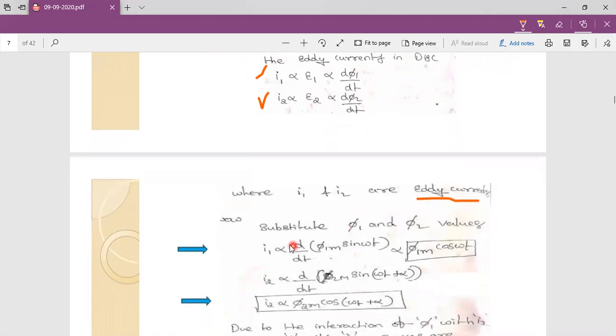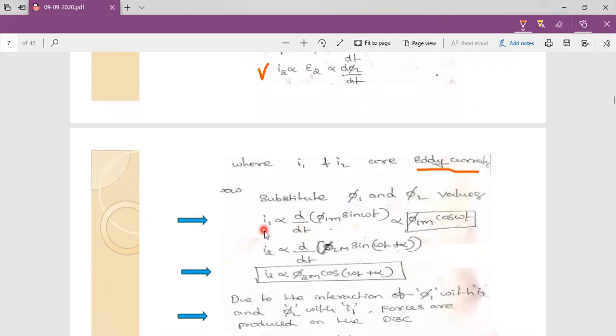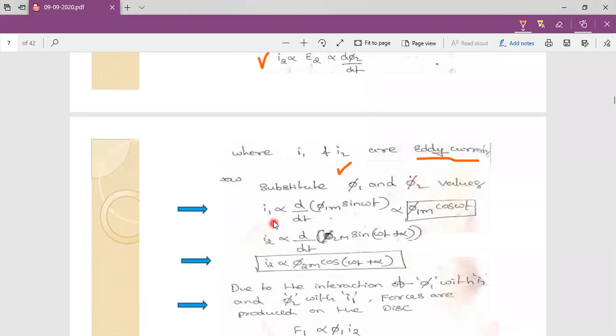Now we substitute the instantaneous values of phi 1 and phi 2 in these equations, and we get the I1 and I2 values. I1 is directly proportional to phi 1m cos omega t.